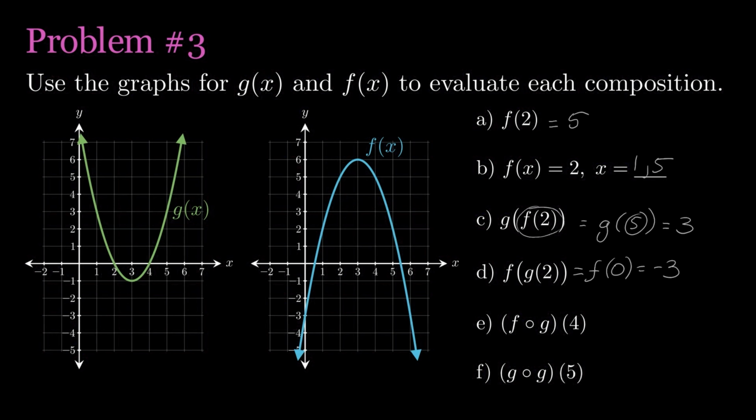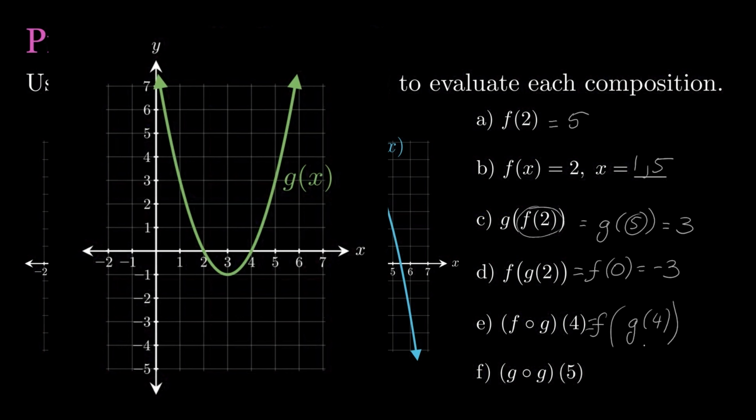And that's the answer to part D. In parts E and F, we have a little bit different notation, but it's still about composition of functions. And in part E, we are to first apply this function g, which is closer to that input in notation, to that input of 4. So we'll be starting with g of 4. And then once we figure out what that is, we will externally apply the function f on top of that.